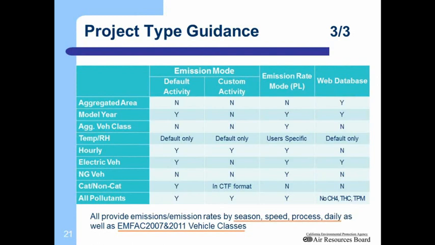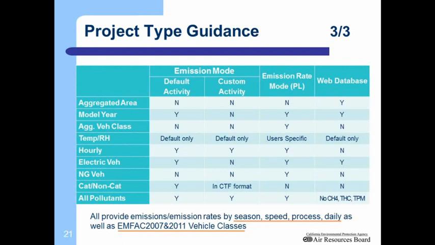That will be the emission mode with default activity, custom activity, emission rates modes, and the web data tool. All four types of outputs will provide seasons, which are annual, summer, and winter, by speed and by process, such as running, idle, evap, and daily emissions, as well as vehicle classes in either the EMFAC 2007 or 2011 category.